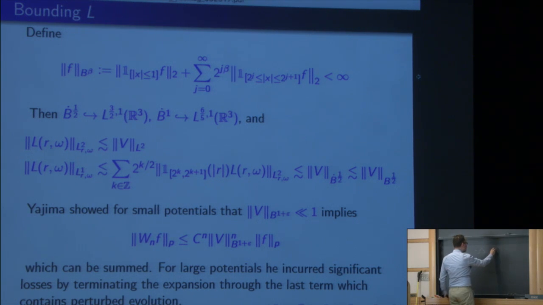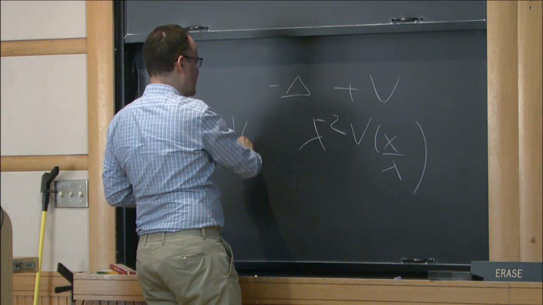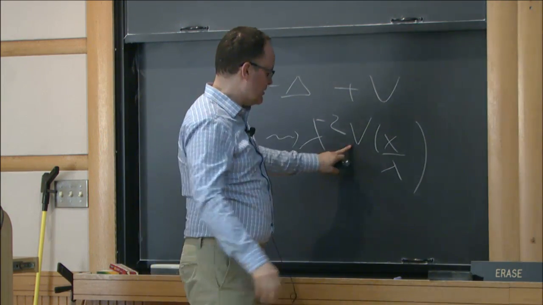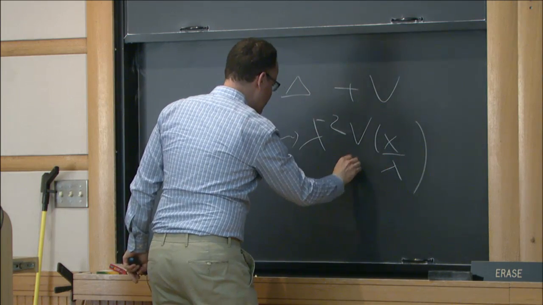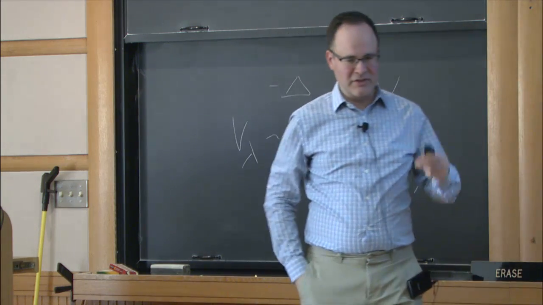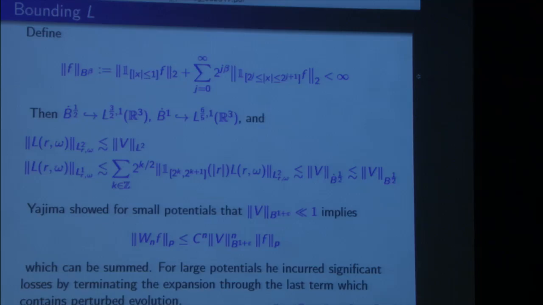If you have minus Laplacian plus v, then you change v by, say, this. But because of the Laplacian, your v lambda should be this. And that's exactly L^{d/2} of R^d invariant scaling. All right? So that's the role of this L^{d/2} that I mentioned before.